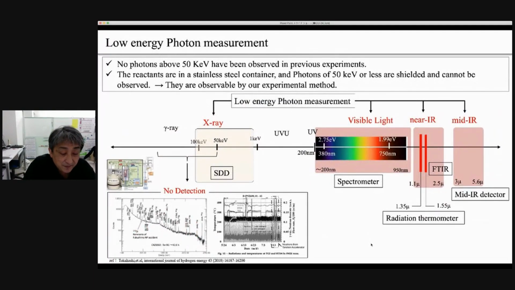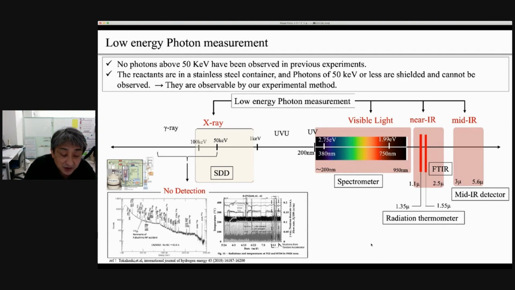Next, I explain low energy photons. High energy photons above 50 kiloelectron volt have not been observed in previous experiments. Usually, the reactant is in a stainless steel container, and low energy photons are shielded and cannot be observed.